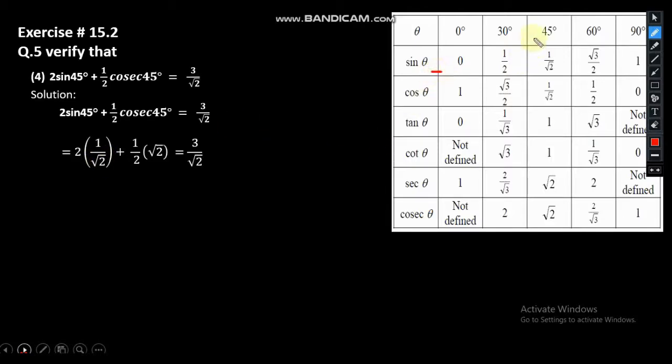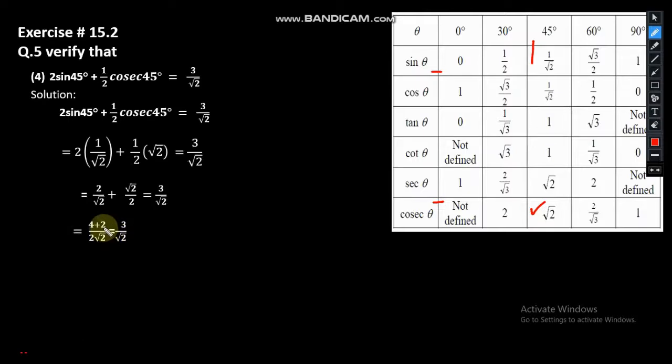Here sine 45 degree and plus 2 cosec 45 degree, cosec 45 degree is equal to 2, and this step as it is. Now next, 2 multiply by here, this step as it is, 2 multiply by 1 under the root 2, same as it is.